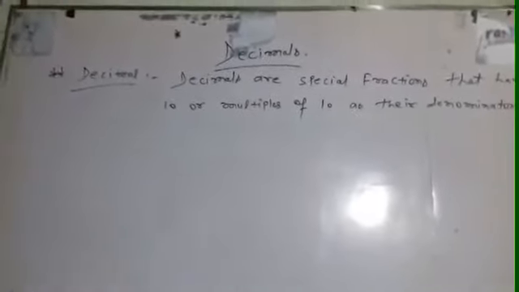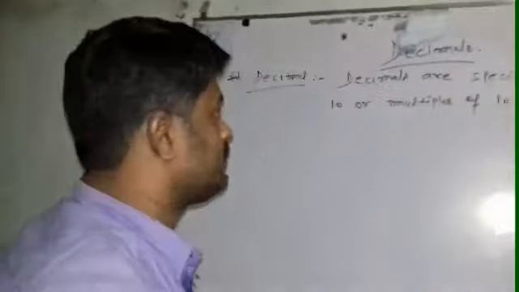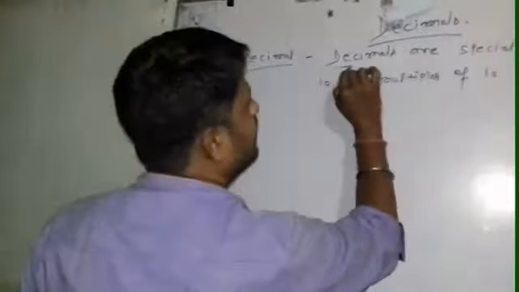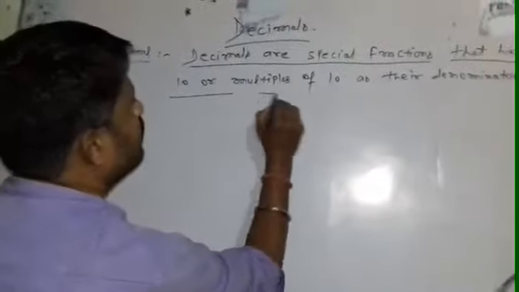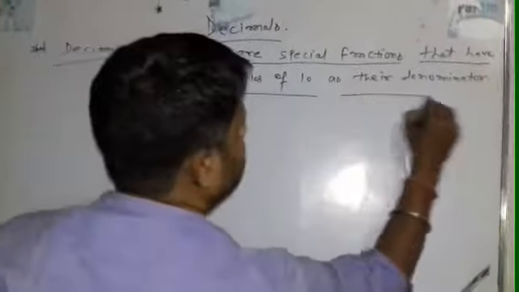This is the definition of decimals. Decimals are the special fractions that have 10 or multiples of 10 as their denominator.